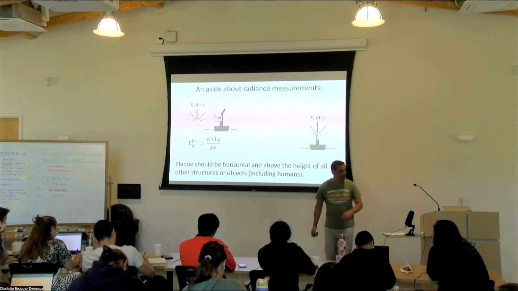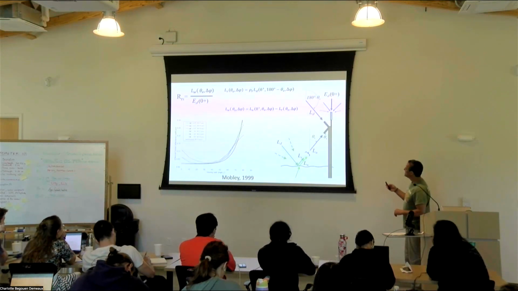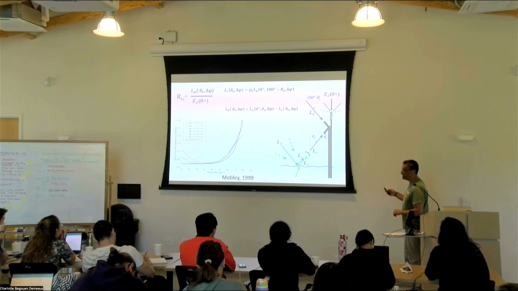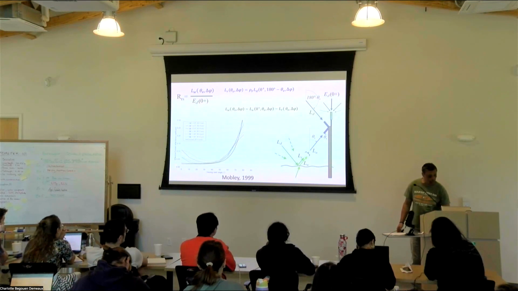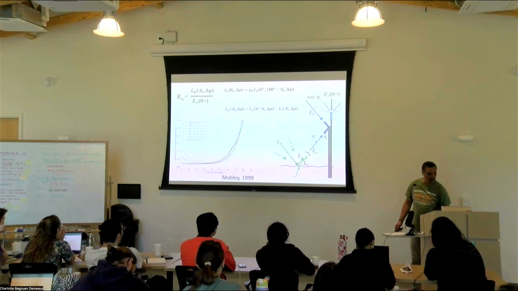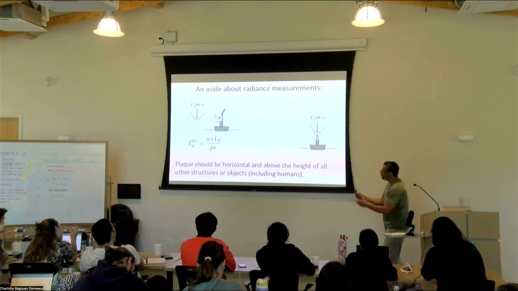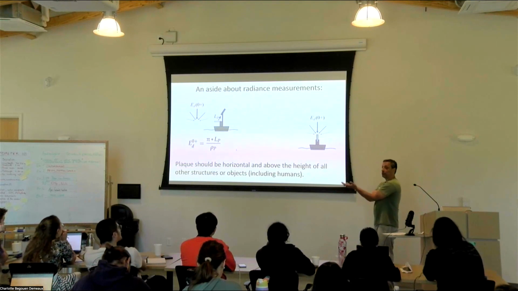Now, I talked about Ed as being collected by a radiometer that's a planar irradiance meter, but you can also collect it with a radiometer that measures radiance if you put a plaque in front of it of known reflectivity and known reflecting property.